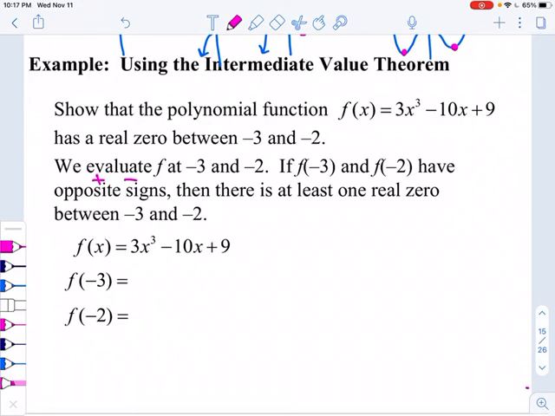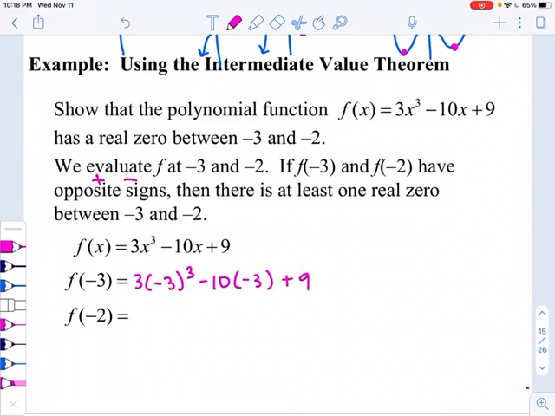So what we're going to do is plug in -3 and -2 to our function and find out what those answers are. If they're opposite signs, then we can say, yes, there's going to be one real solution in between there. So if we take -3, we'd have 3 times -3 to the third minus 10 times -3 plus 9.